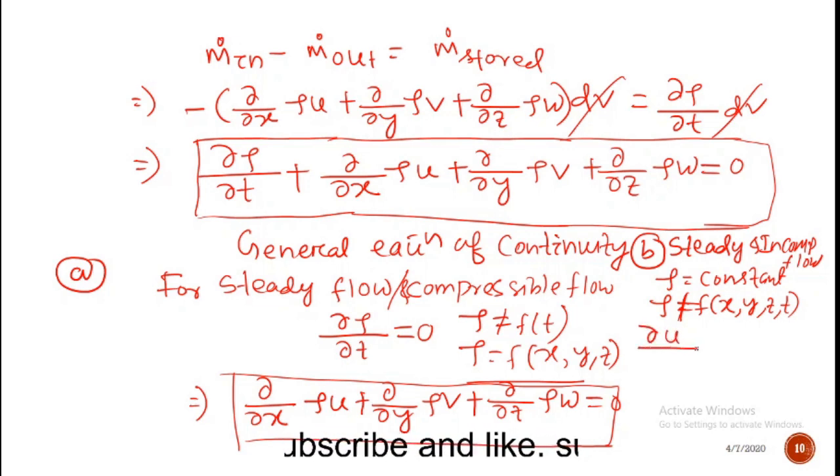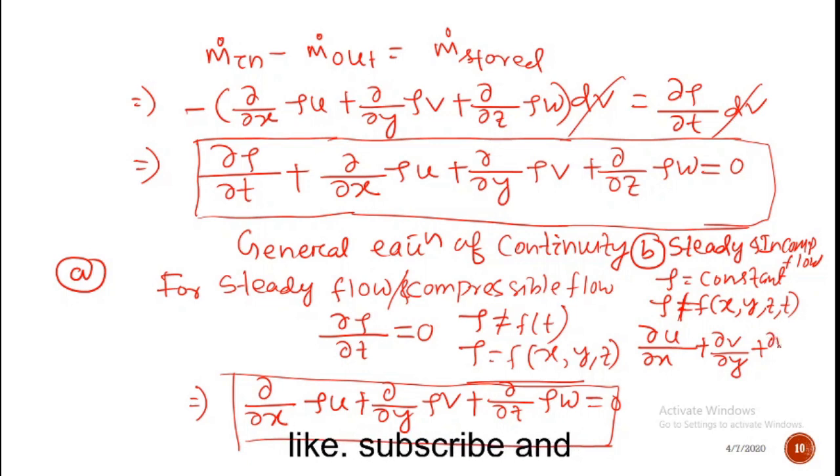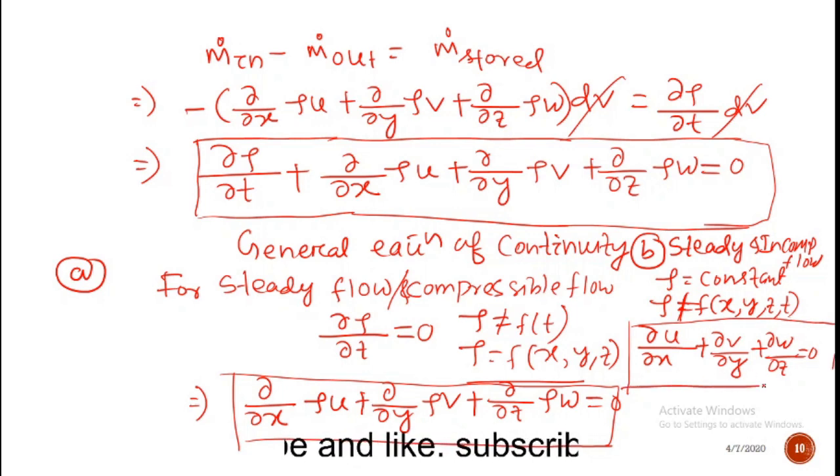So this is du by dx plus dv by dy plus dw by dz equal to 0. This is the equation of continuity for steady and incompressible flow.